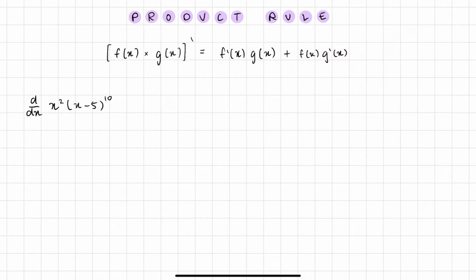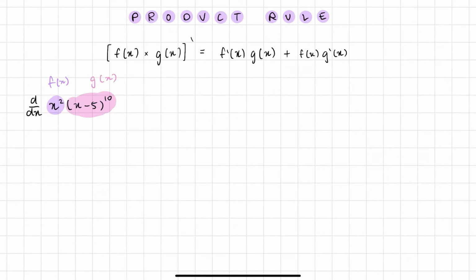In this example question, we're trying to differentiate x squared times (x minus 5) to the power of 10. If I was to say which one is f(x) and g(x), this one would be your f(x), and this here would be your g(x).